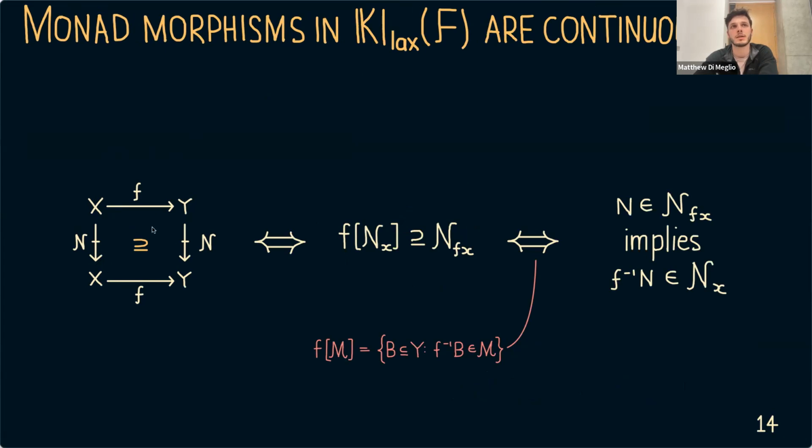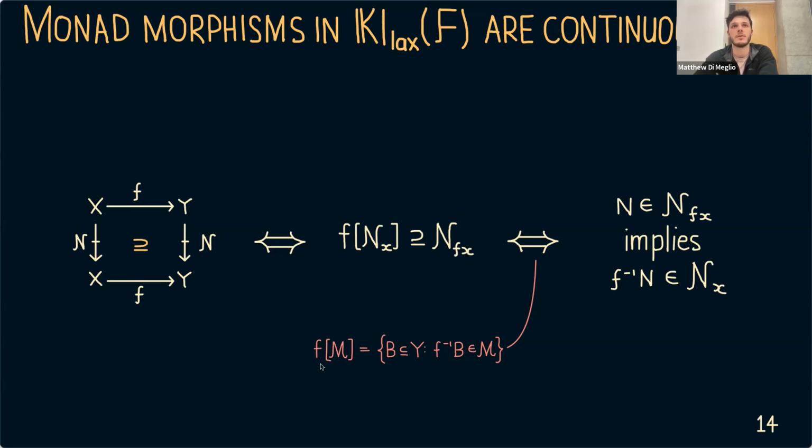So the existence of the cell is imposing some condition on F, and if you interpret what that condition is, it means that the image under F of the neighborhood filter on X contains the neighborhood filter on F of X.